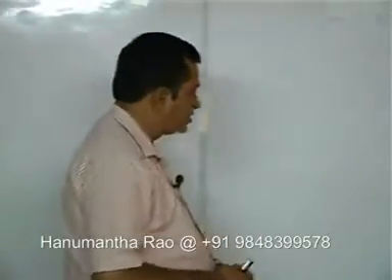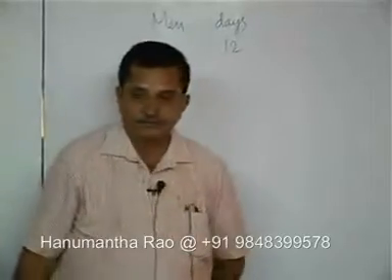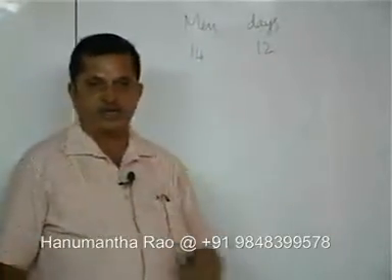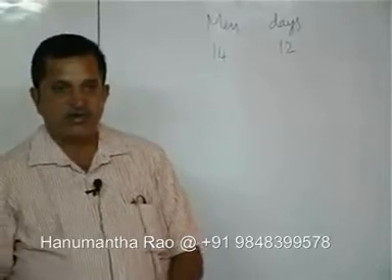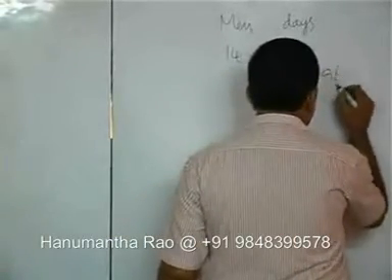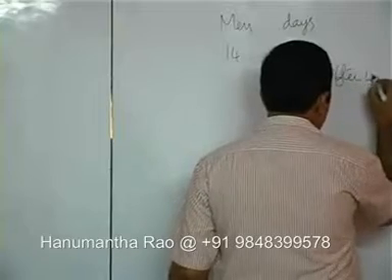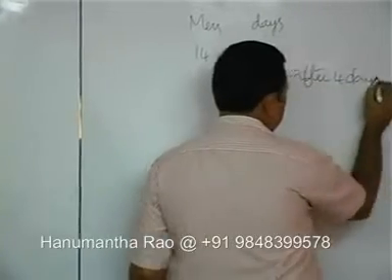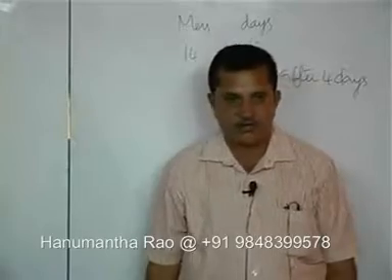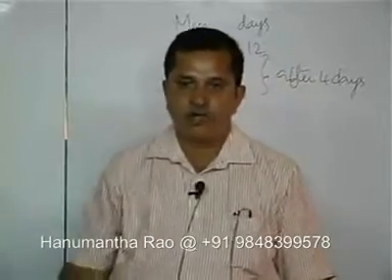How do we solve this? 14 men will do a piece of work in 12 days. 4 days after they started the work, what happened? After 4 days, 2 more men had not yet come.